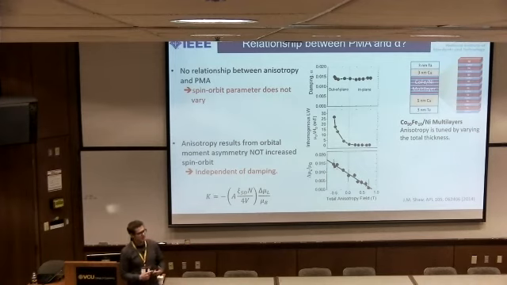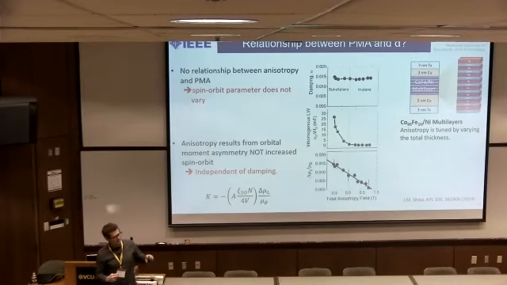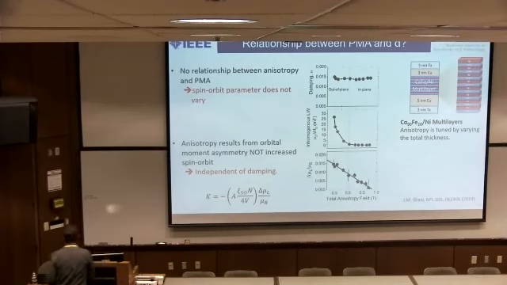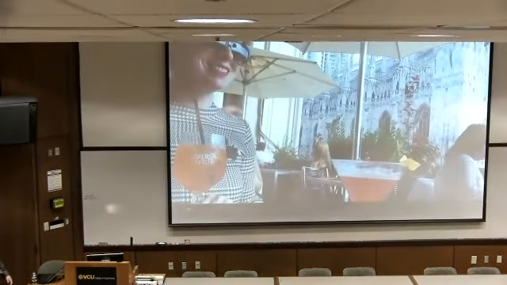So if you have a thin layer of permalloy and you have platinum, most of the damping is from here. I actually have that slide. Where is it here?